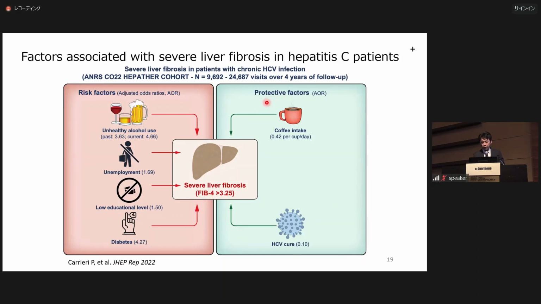As a protective factor, coffee intake was reported to decrease liver fibrosis. The odds ratio was 0.42 per cup per day. So if you take a cup of coffee per day, the fibrosis risk is reduced almost by half. And also HCV cure has a very big effect on liver fibrosis reduction.